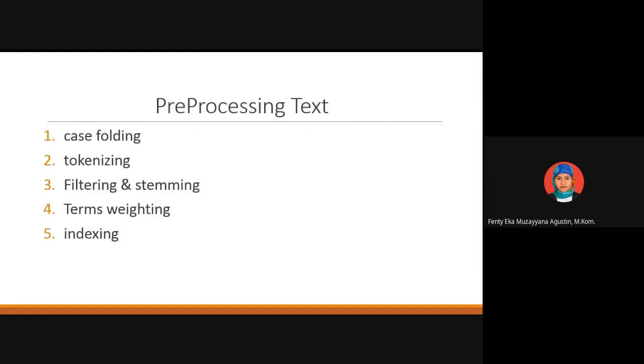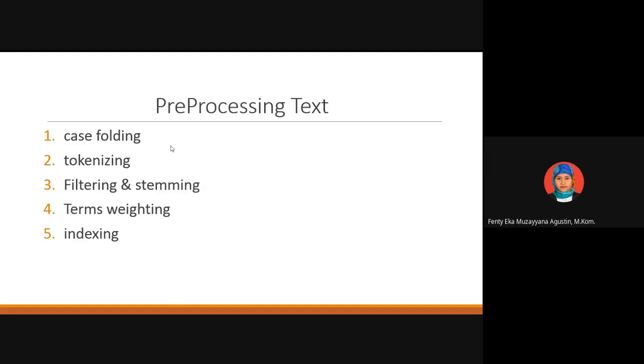This is preprocessing text. We use case folding to change the text, the document, or the sentence to lowercase and delete special characters like parentheses or question marks, etc. Then tokenizing, filtering, stemming, term weighting, and indexing.